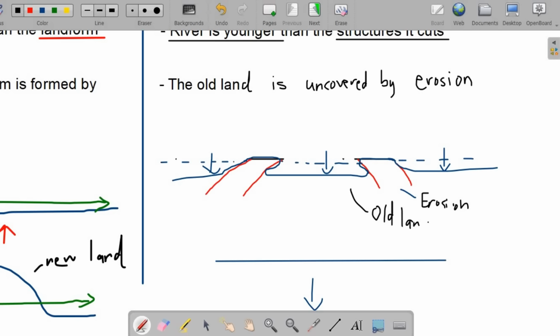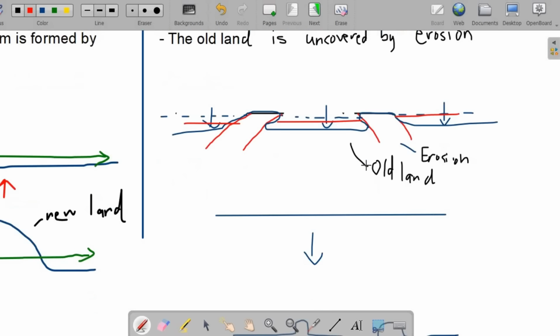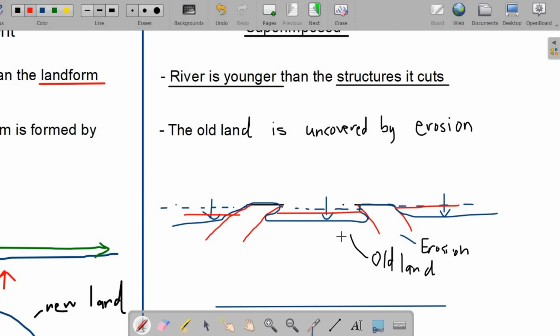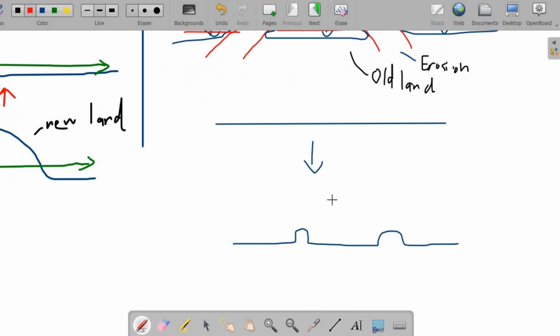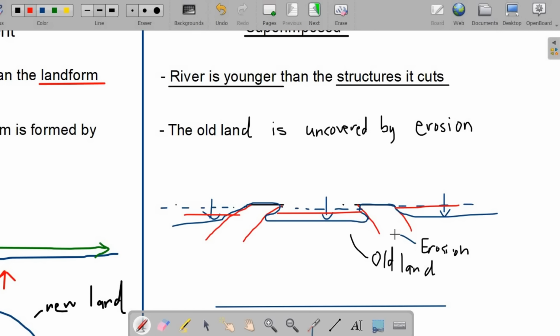So whenever you have a river running across this, you cannot say that this river is older than this land. This land was already there before the river, and it was just uncovered by erosion, and hence now it is exposed. And because now it is exposed, it's still old.